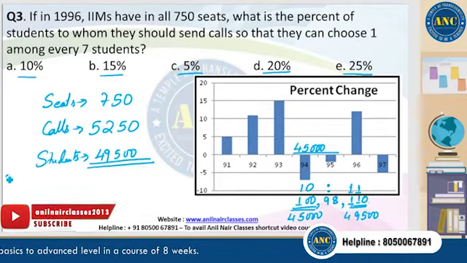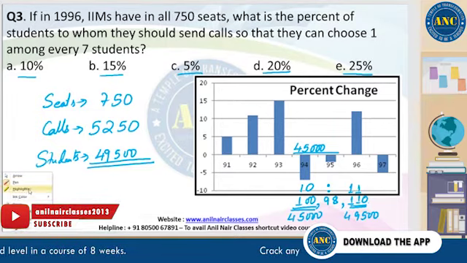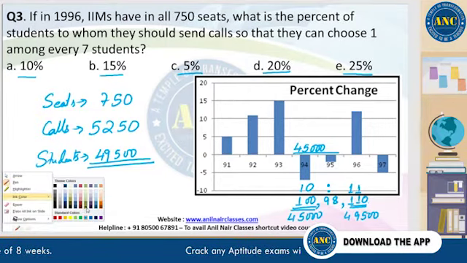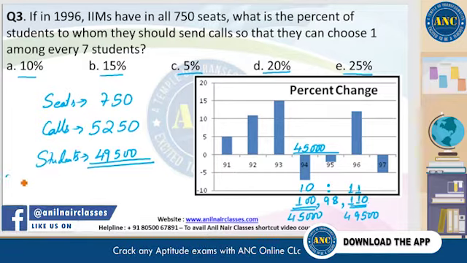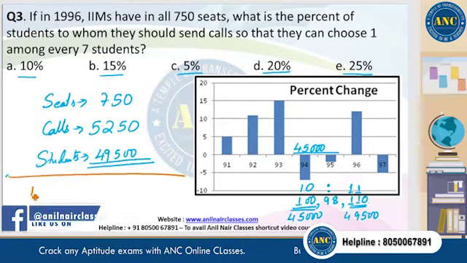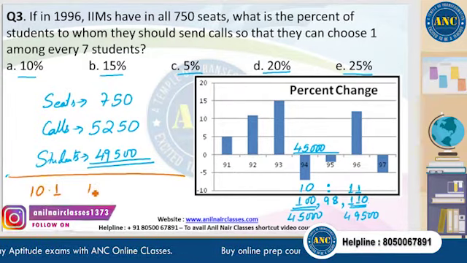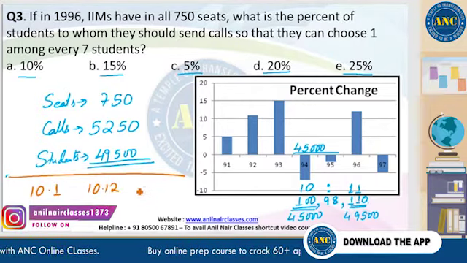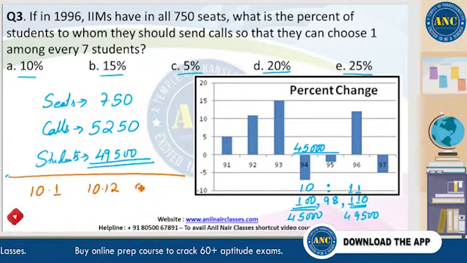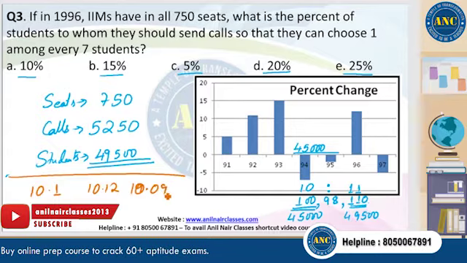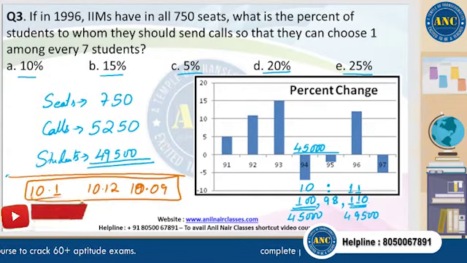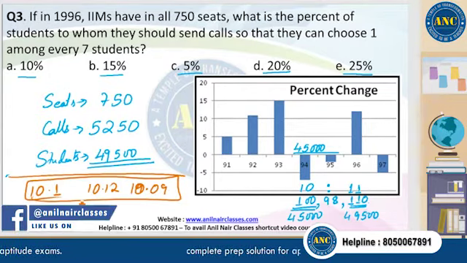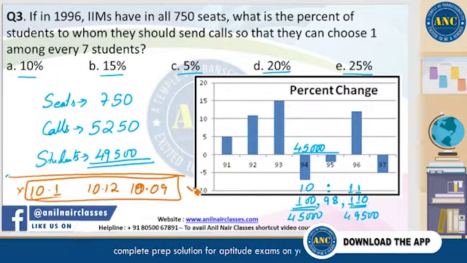One thing that you must understand is that in the exam called CAT, even after using the calculator, you will not get answer options like 10.1 and 10.12 and let's say 10.09. You will not get answers like this. It is way too close answer options. This is not part of the exam called CAT.